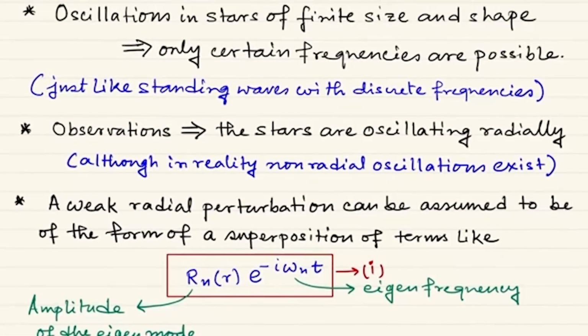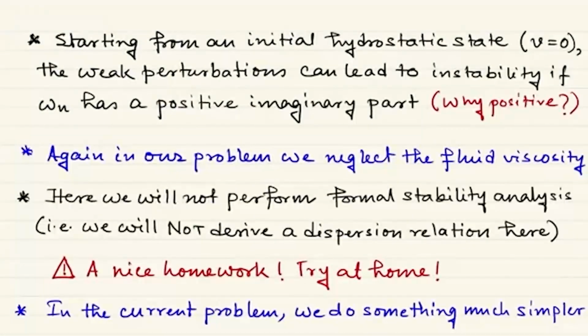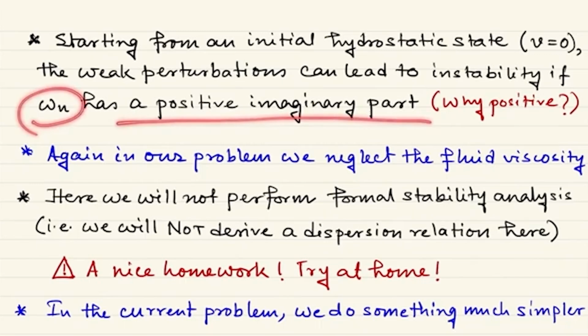Okay, and that's exactly the reason for which we can say that for instability the omega n should have a positive imaginary part. Now coming to one point, if we start from the initial hydrostatic state where V is equal to 0, then we don't know whether the system will respond in terms of some linear wave mode, or whether it will lead to some instability.